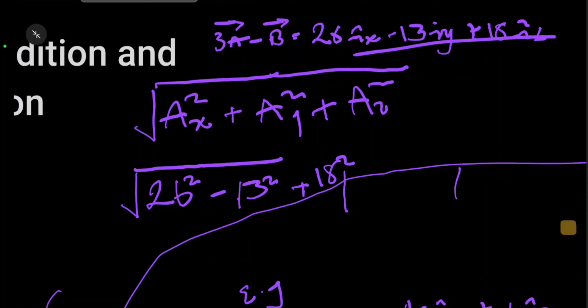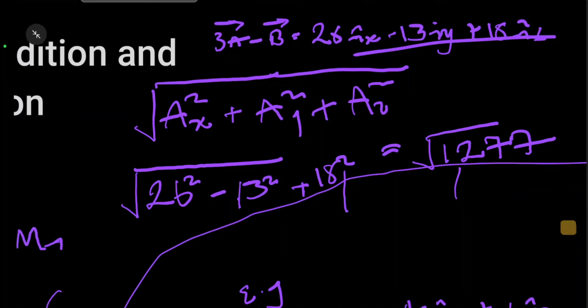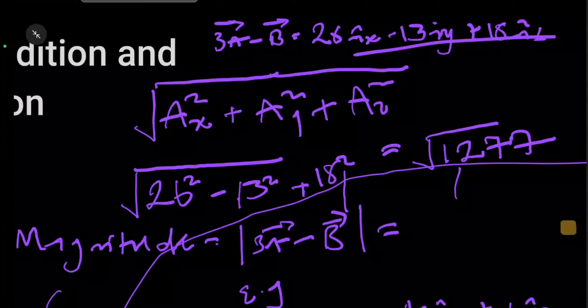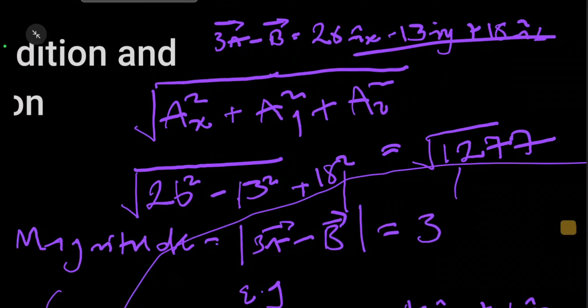So if you do your math here, we should have the square root of 1277. So therefore our magnitude here of the vector is equal to the square root of 1277, which is 35.74.